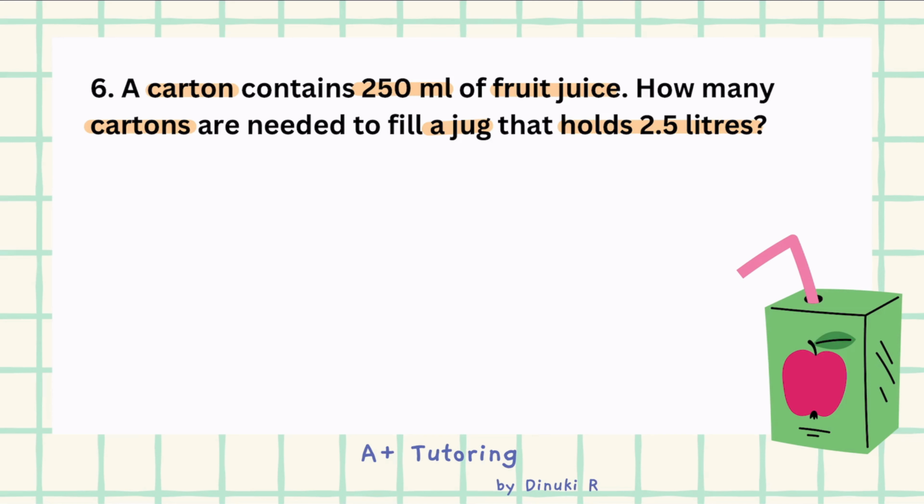Okay, couple of moving parts there. Each of these cartons, so imagine this little image that I've got here, this is a carton. Each of these cartons has 250 mils of fruit juice, right? And what are they asking us to fill? A jug. So let's draw ourselves a jug.